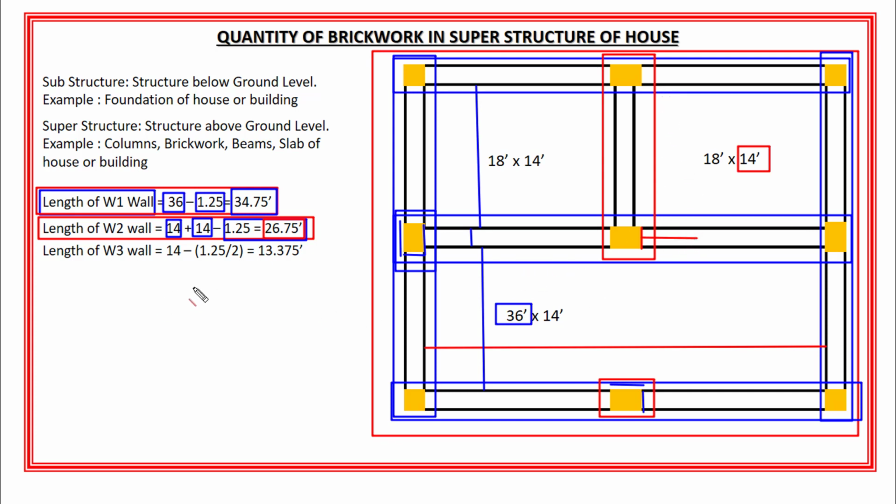So the length of W3 wall is equal to 14 feet minus half of the length of this column, which is 1.25 feet, divided by 2. And the length of W3 wall will become 13.375 feet. Okay? So now I have the length of W1, W2 and W3 walls of this house.